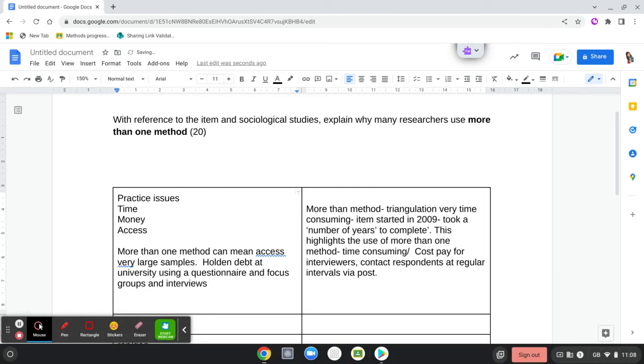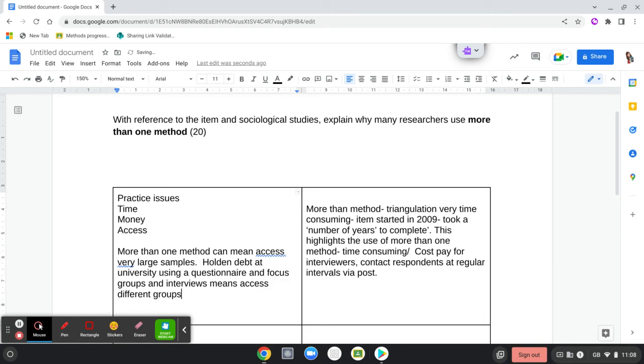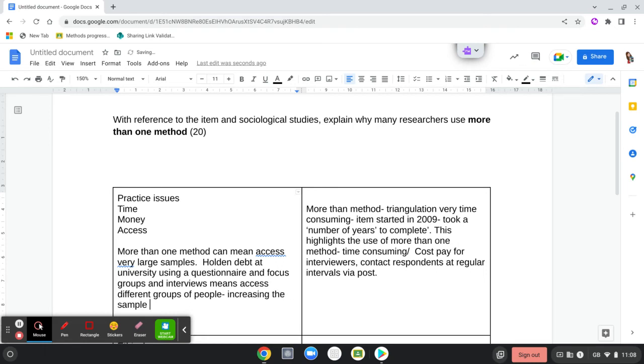So using questionnaire, focus groups and interviews means he can access different groups of people. Increasing his sample size, thus increasing representativeness, the ability to account for differences, and generalizability, to apply results or make a claim.